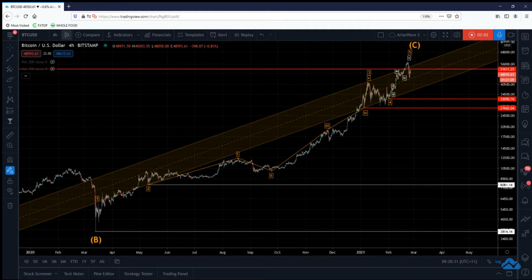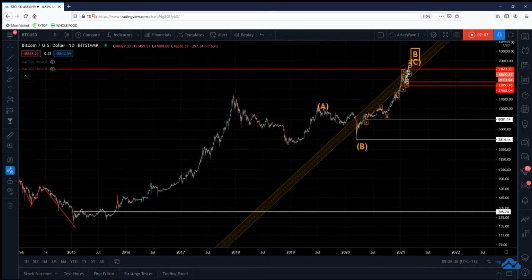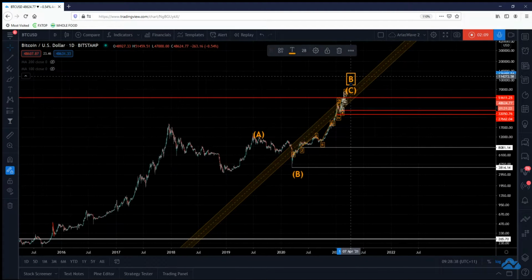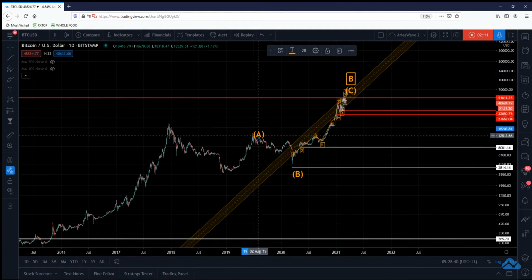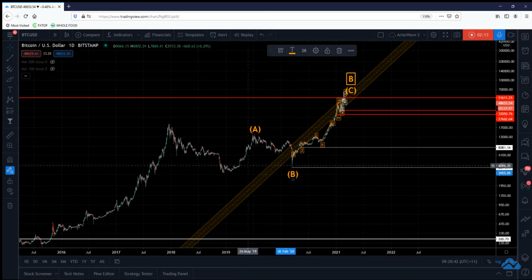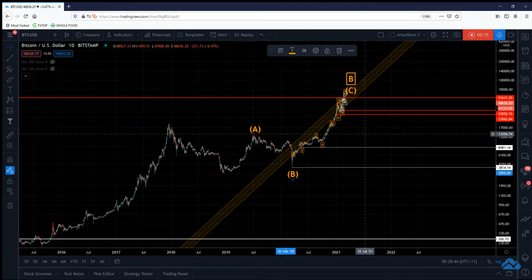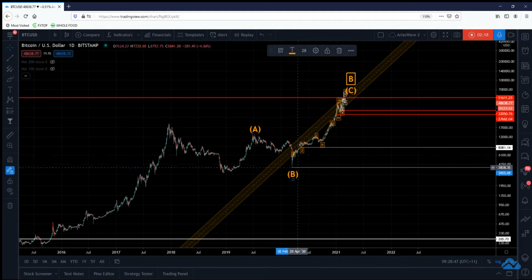Now, as you know, I'm of the belief that this is a wave B, right? So if this is a wave B, then it's a zigzag, and I've just marked it out here as to how I see that having been formed.